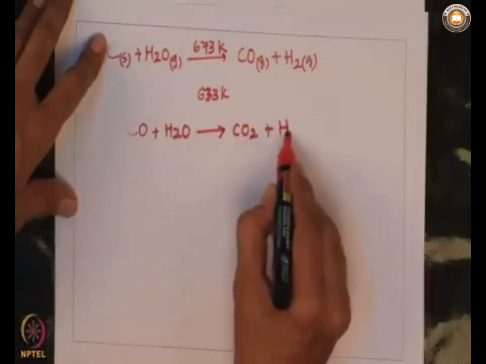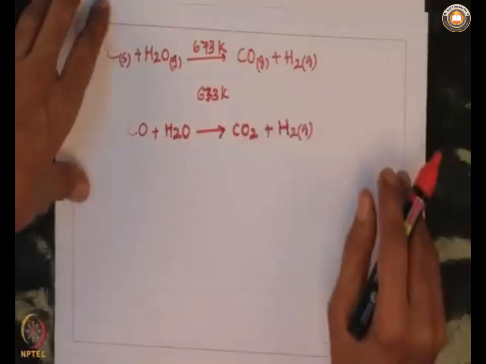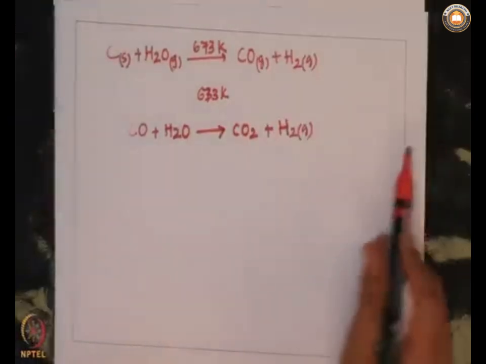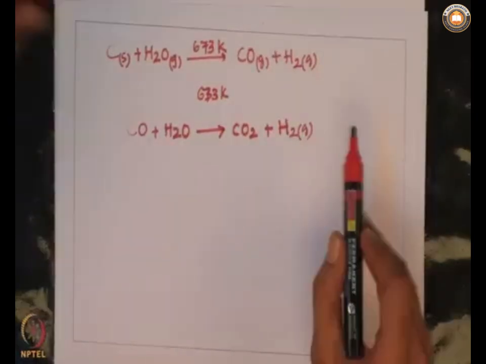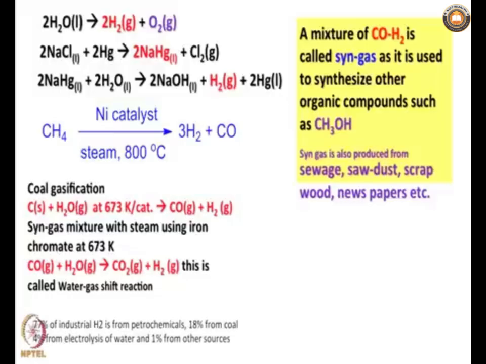So, this method is called coal gasification. Of course, this is also called water gas shift reaction. As I said, this syngas can also be prepared starting from sewage, sawdust, scrap wood, newspaper and other waste materials.